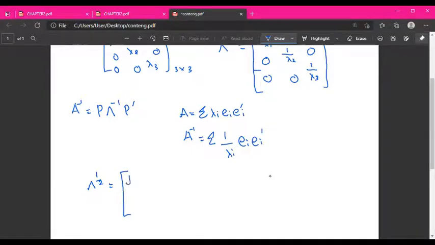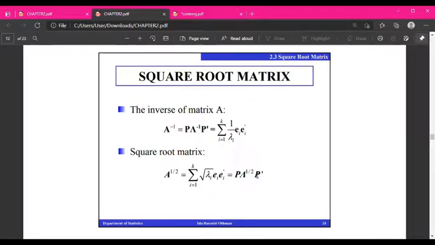So here will be just square root kan the value of lambda saja. Okay, and then replace here, dan boleh dapatkan square root of the matrix A. Ataupun kita boleh tukar yang ni.